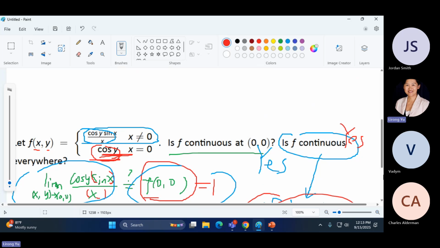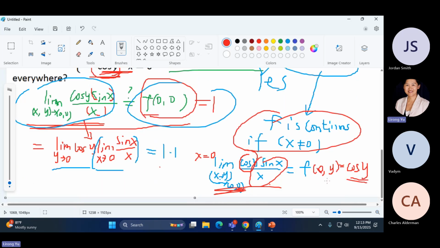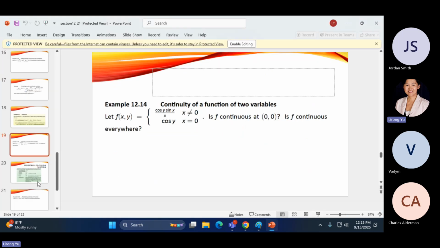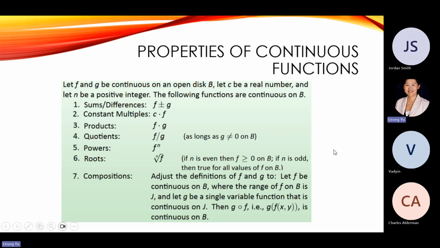It also has continuity everywhere, because the limit value of the function equals the function value at that same point. Again, for continuity we also have its algebra. If both functions are continuous, the summation is continuous. If the function is continuous, multiplying by a number is still continuous. If functions are both continuous, the multiplication is continuous.